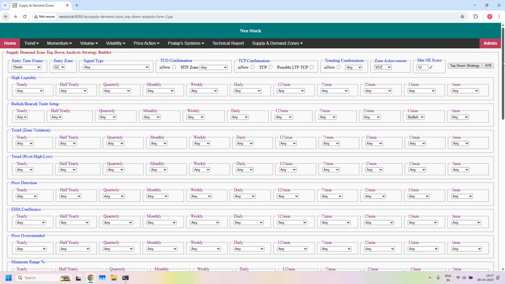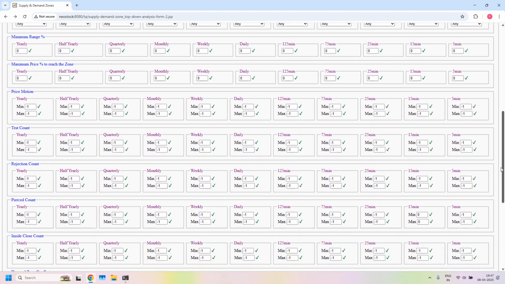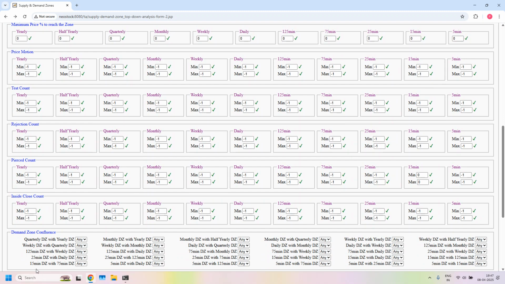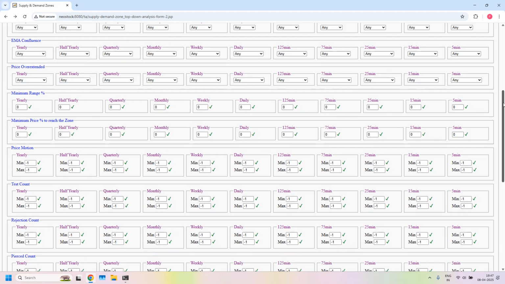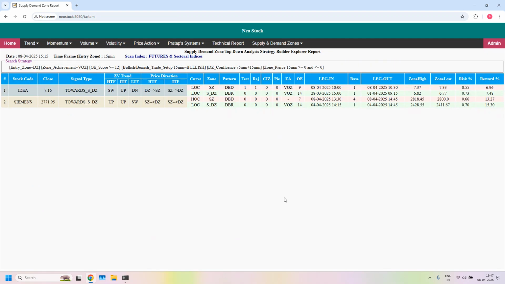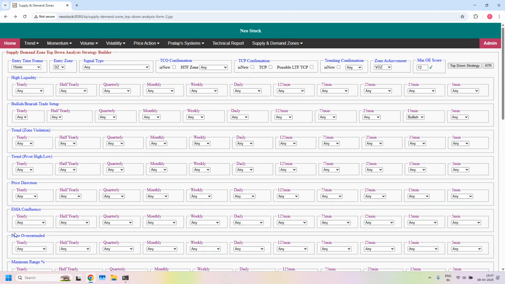That is 15 minutes and 75 minutes demand zone confluence. So I enable the filter. We got both the stocks. In both the stocks, 75 minutes trend is up. So let's check if any of the 75 minutes demand zones are having daily EMA confluence.